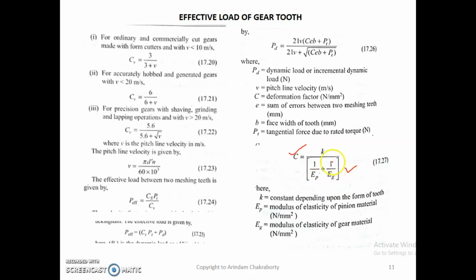K is a constant depending on the tooth forms, that is, how the teeth have been formed: cross teeth, stud form which is a V, or square. We have to understand everything and calculate it. We'll go into details in coming classes by solving sums, how it works and what the factors are.